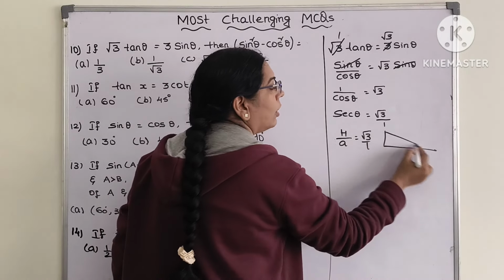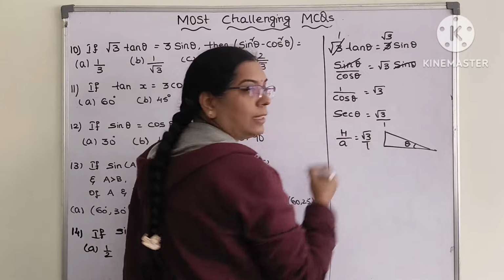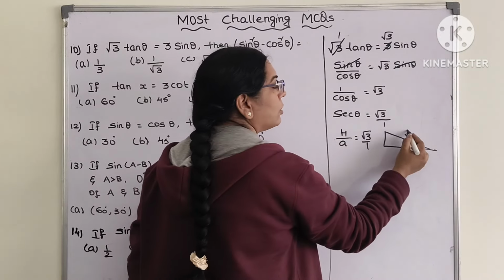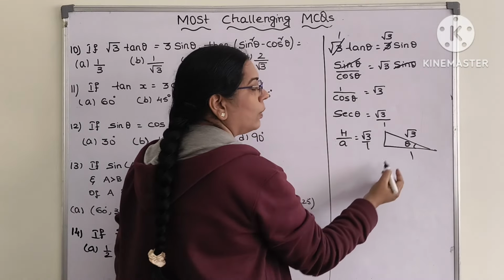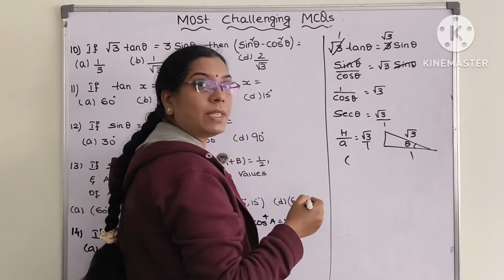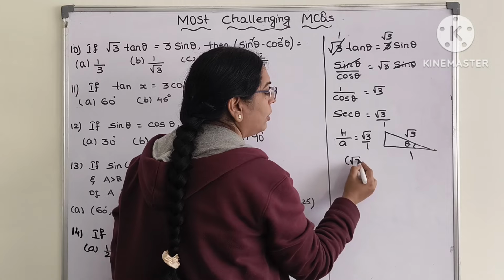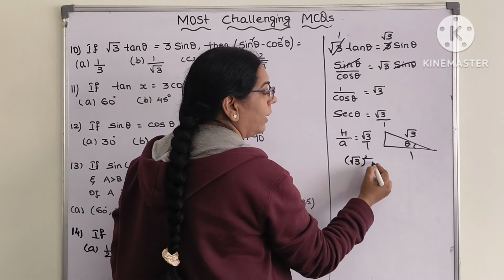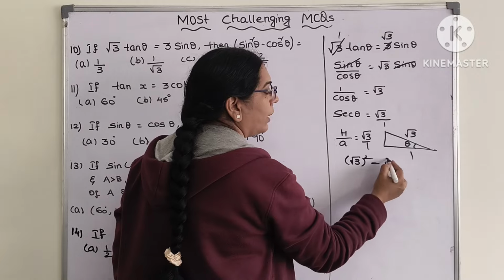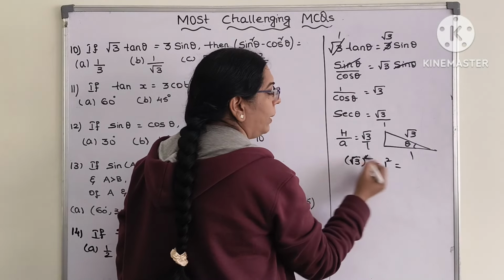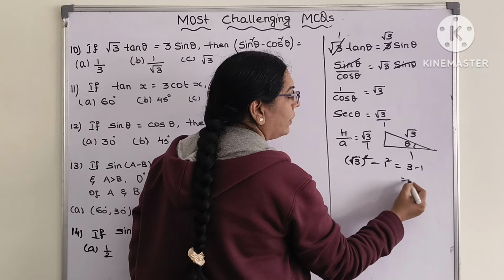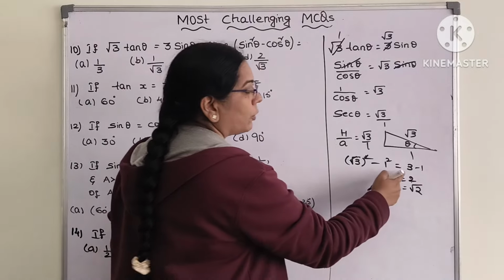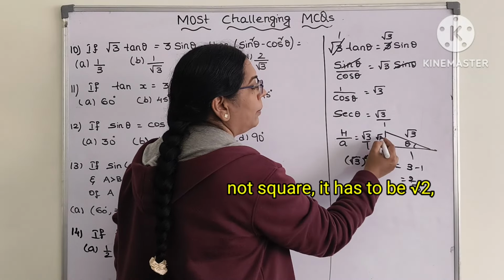So quickly draw a right angle triangle. This is your theta. Hypotenuse is root 3. Adjacent side is 1. So find the missing side, use the Pythagoras theorem. So root 3 whole square, hypotenuse minus square of this. So this will be 3 minus 1, which is 2. The square root of this number will be the missing side.